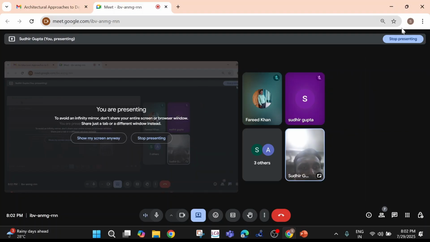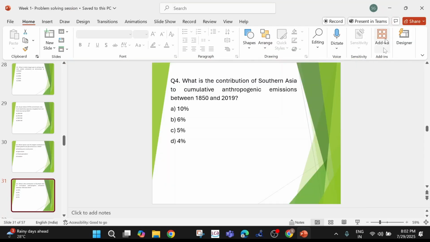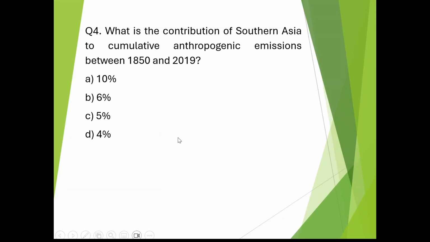So let me discuss this particular question. Here no option has 24%, so let me clarify. Yeah, now he's opting for the correct answer, 4%. So option D, 4%, is the correct answer for this question number 4.